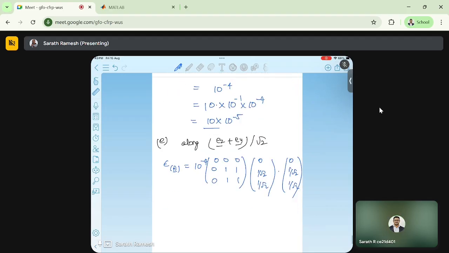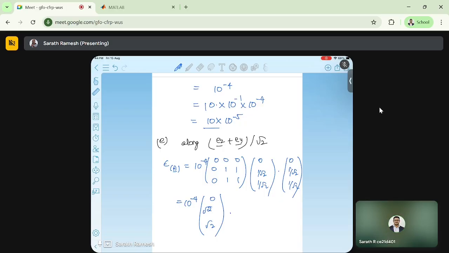When you multiply, what will it become? 10 power minus 4 outside. First row is entirely 0. Second row: 1 by root 2 plus 1 by root 2 is 2 by root 2, which is root 2. The third row is again root 2.